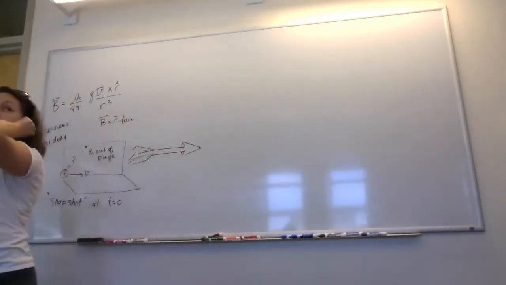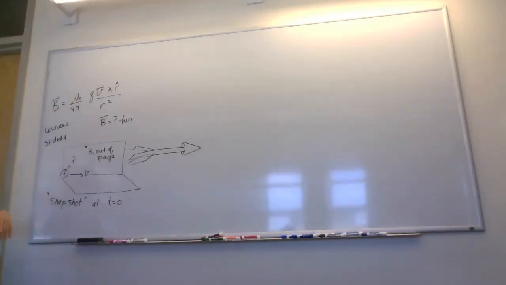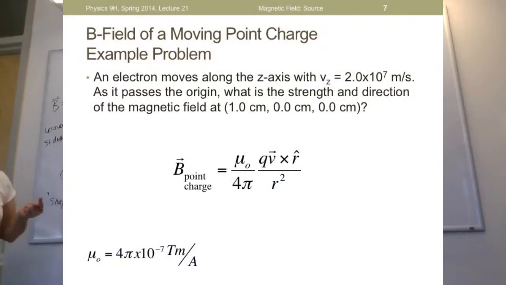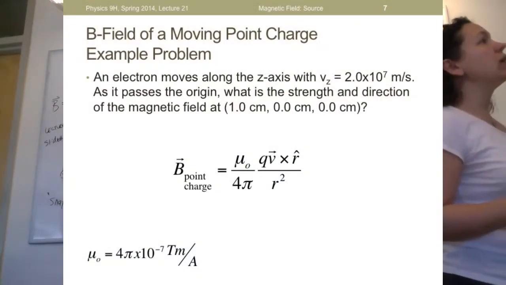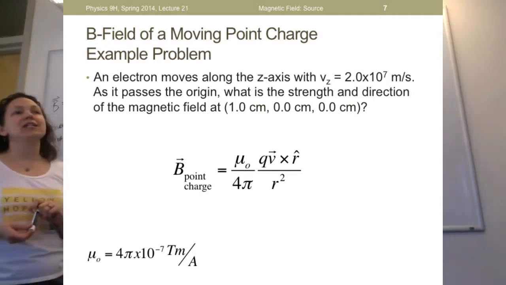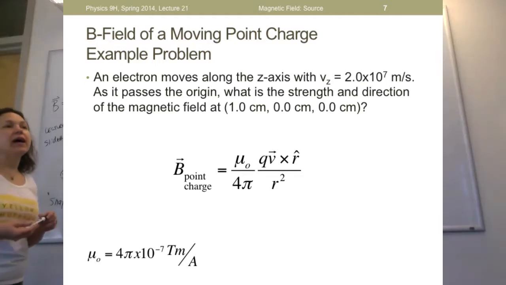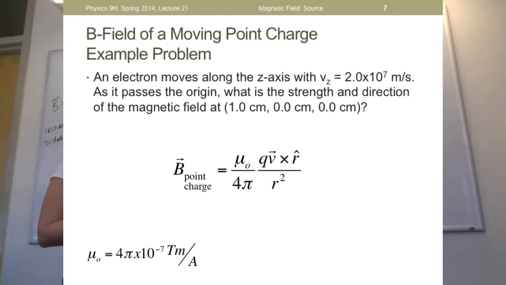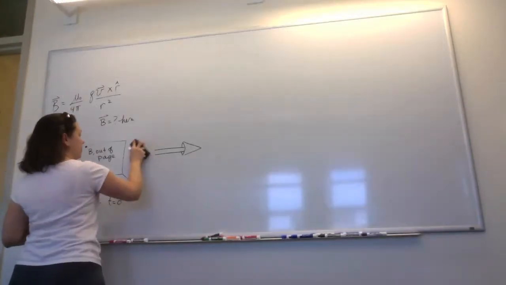This example problem is on slide 7, B field of a moving point charge. If an electron moves along the z-axis with a speed of 2.0 times 10 to the 7 meters per second, as it passes the origin, what is the strength and direction of the magnetic field at this position?